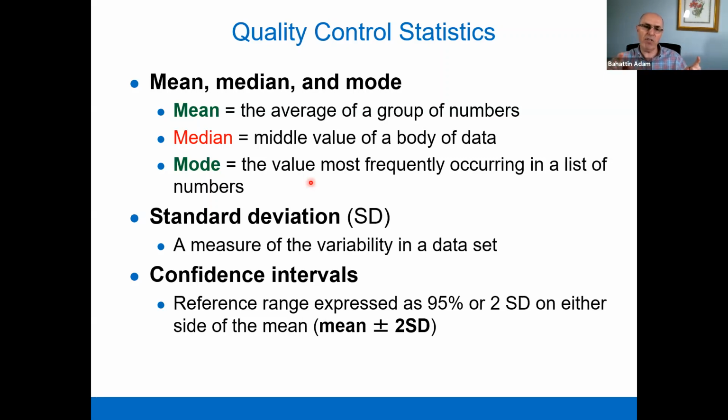The standard deviation is a measure of the variability in a data set, and confidence interval is a reference range expressed as 95% or two standard deviations on either side of the mean.